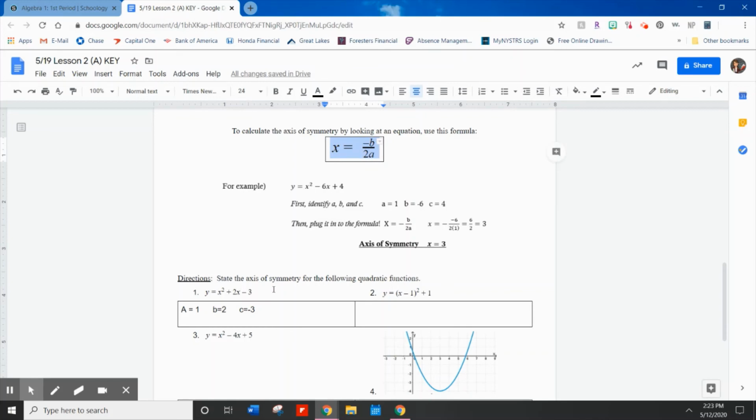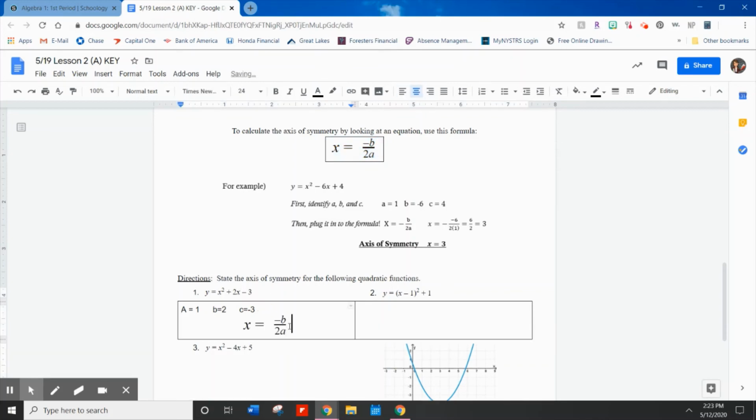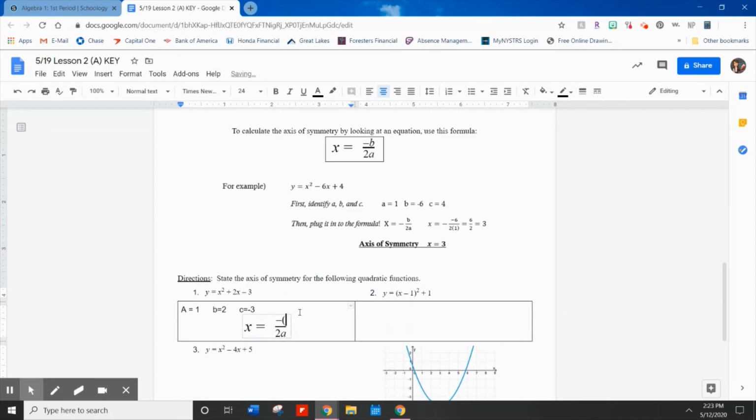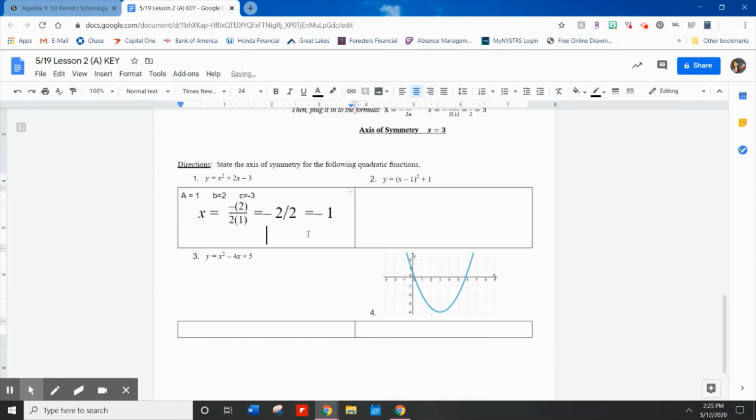I'm just going to copy and paste that. My b value is 2 and my a value is 1. That gives us -2 over 2, which gives us -1. So my axis of symmetry is x equals -1.